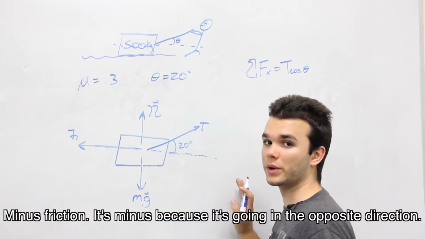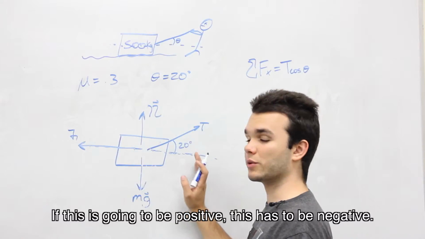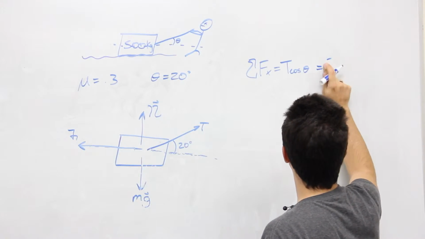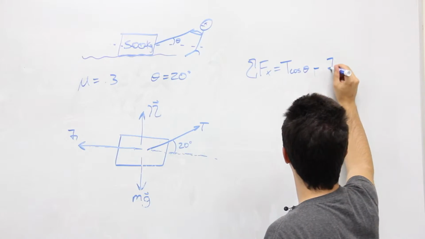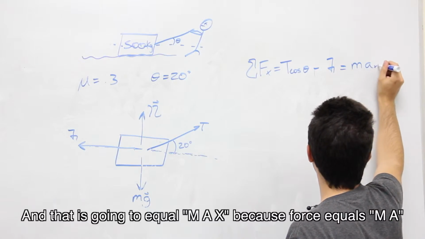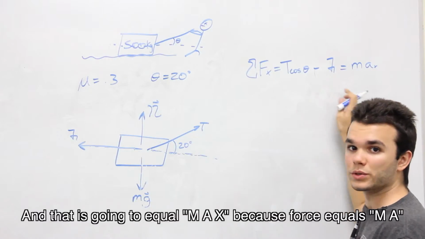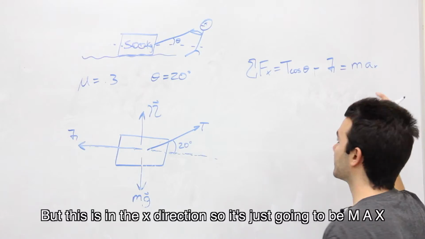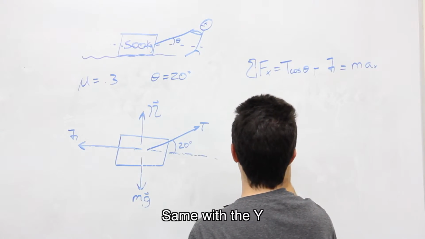It's minus because it's going in the opposite direction. If this is going to be positive, this has to be negative. And that is going to equal m a_x, because force equals ma, but this is in the x direction, so it's just going to be m a_x. Same with the y.